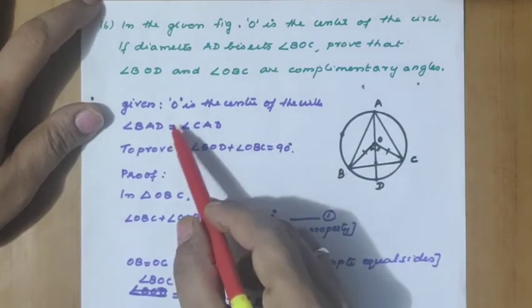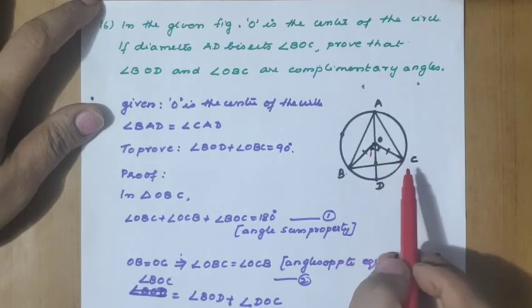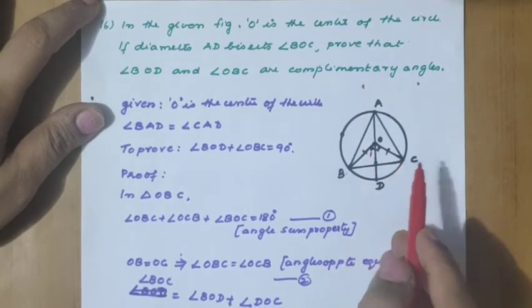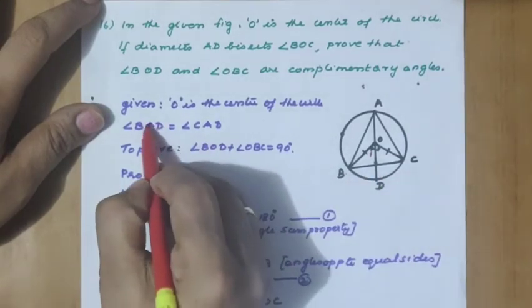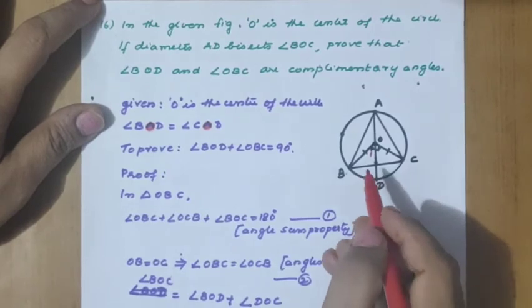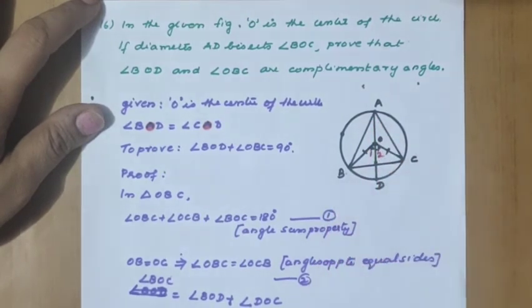AD bisects BOC. That means angle BOD and COD are equal because AD bisects the angle.